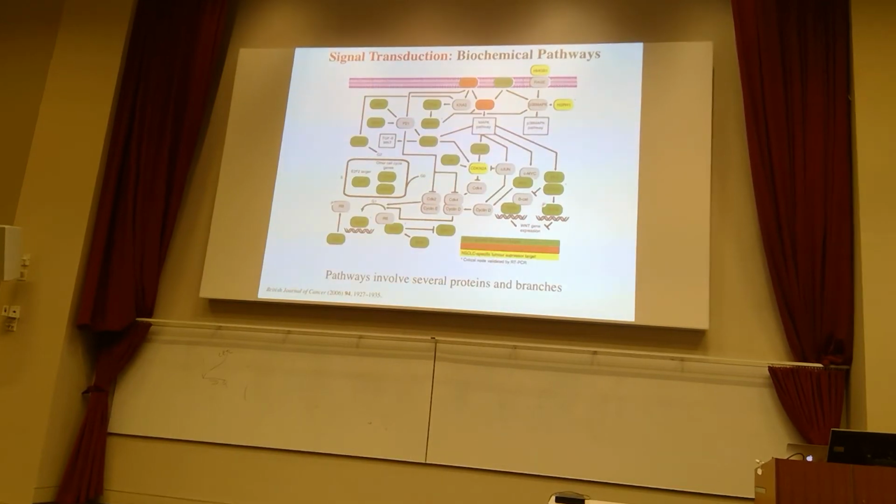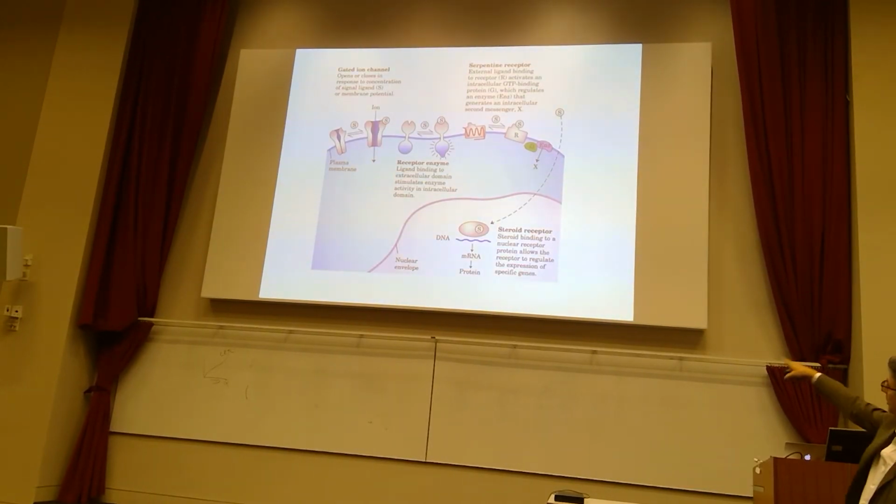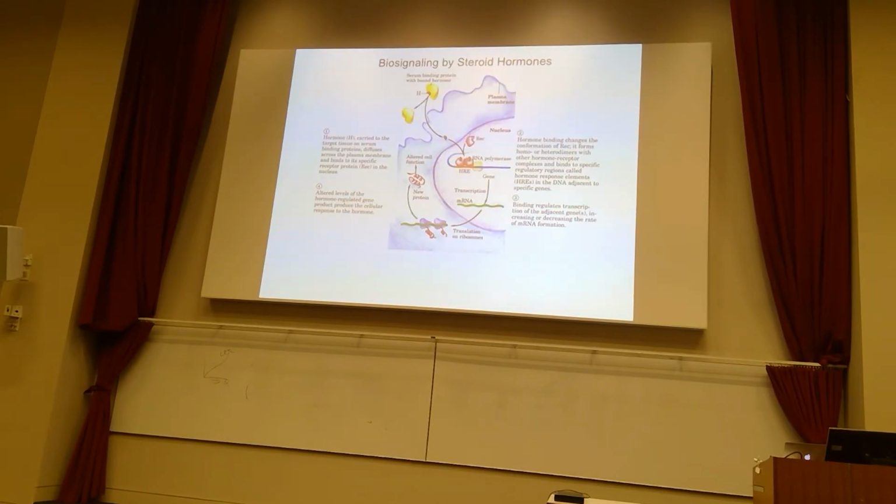The other example that I want you to focus on is the influence of steroid hormone receptors. This is a depiction of what's happening here: steroid hormones are capable of diffusing into the cytoplasm where they encounter steroid hormone receptors.